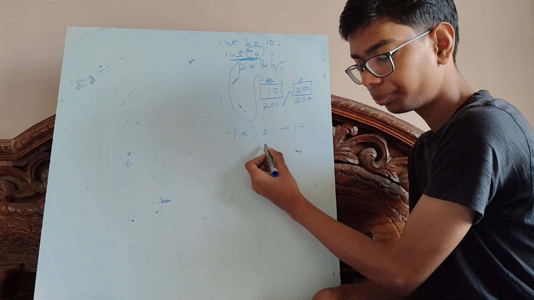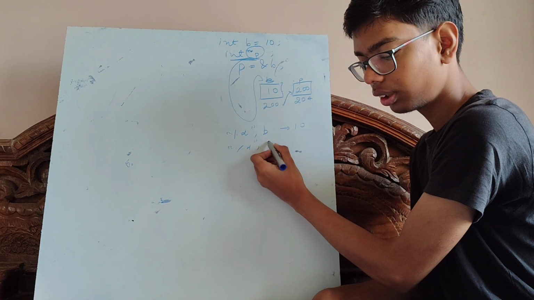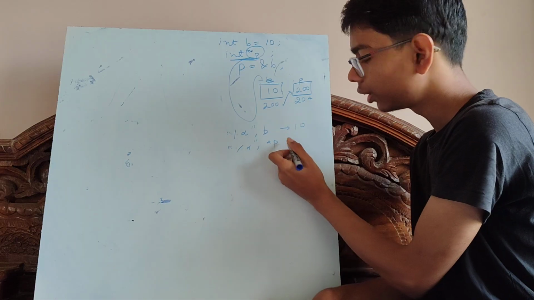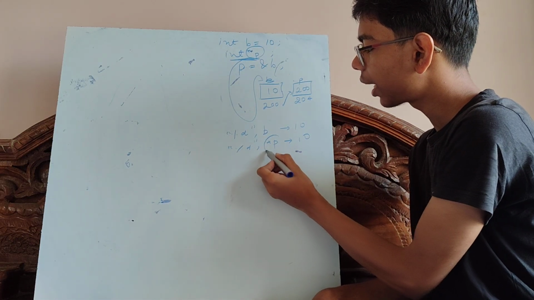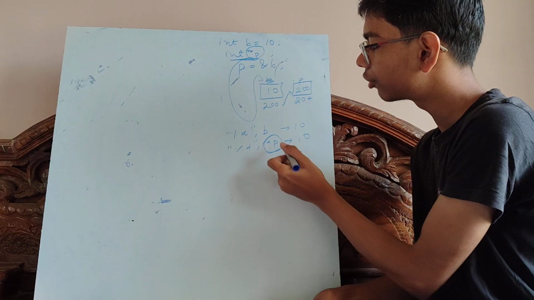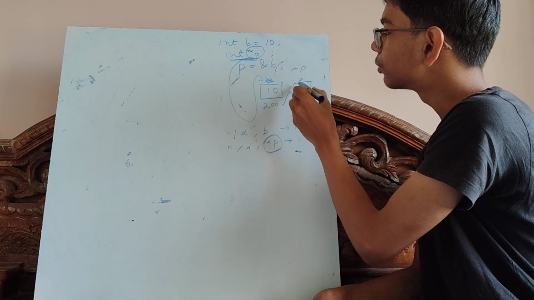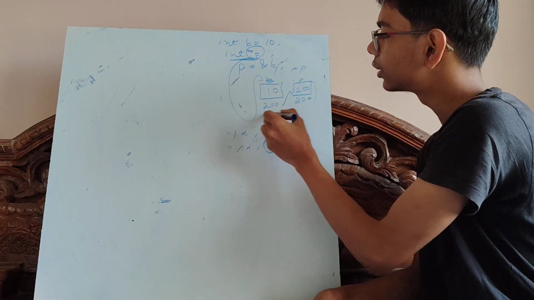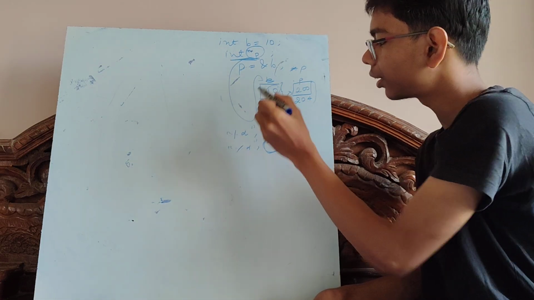If I write percentage d and then star p, it will return me 10. Why? Because asterisk p will give me the value. This will point towards this address and this dereferencing operator will give me this value.